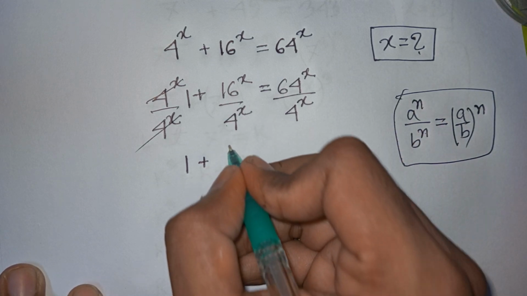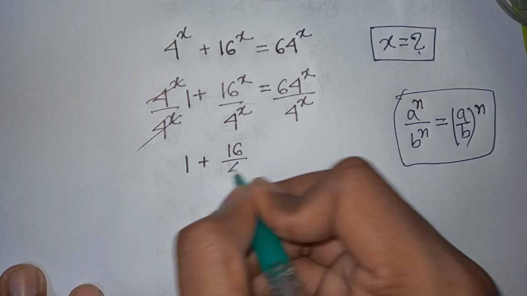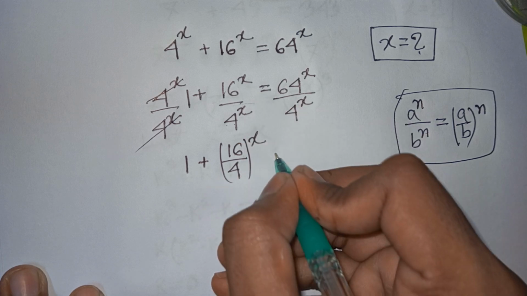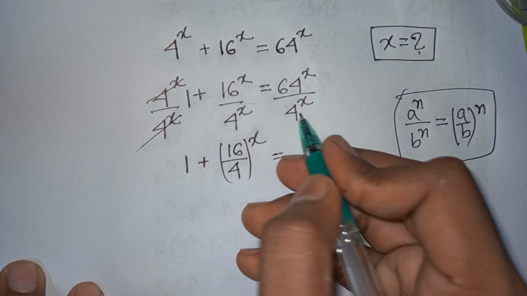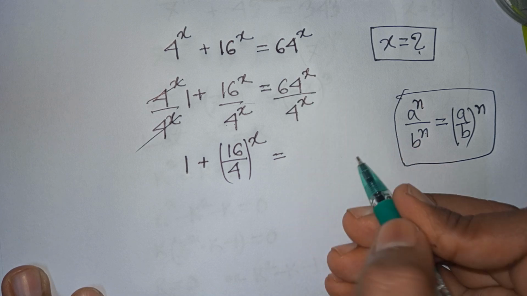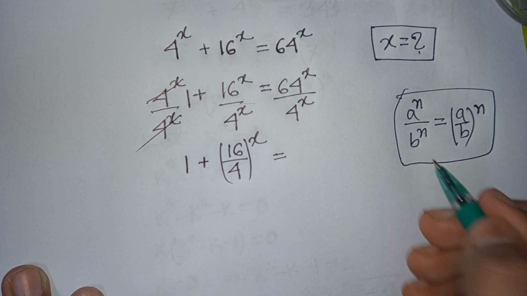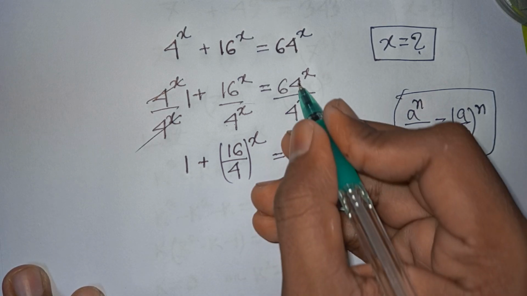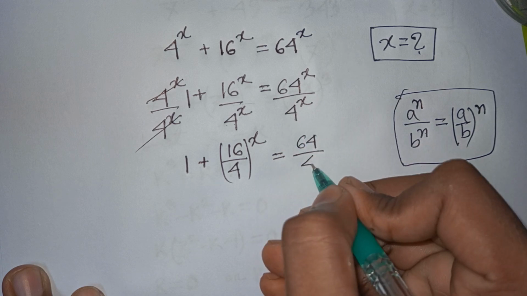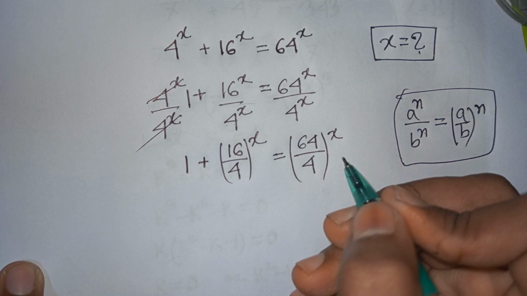So it will be 16 over 4, bracket, common power x, is equal to, here we apply again this exponential rule because here x is the same power but different base. So it will be 64 over 4, bracket, common power x.